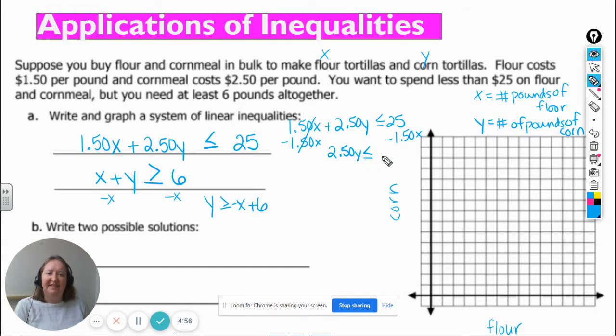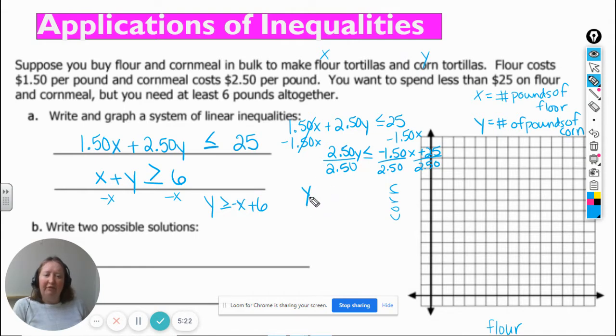Yes, because the number would still be the same, but we're thinking about money, so I kind of like to leave it there. Plus 25. And so I'm going to divide by 2.5, or 2.50, same thing, and divide by 2.50 and divide by 2.50.